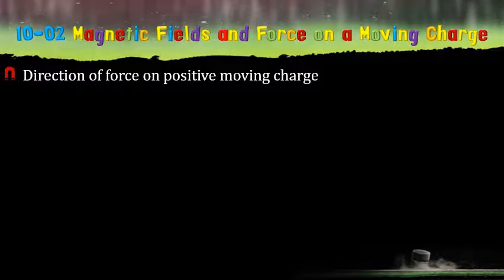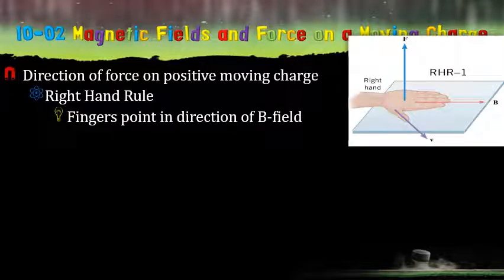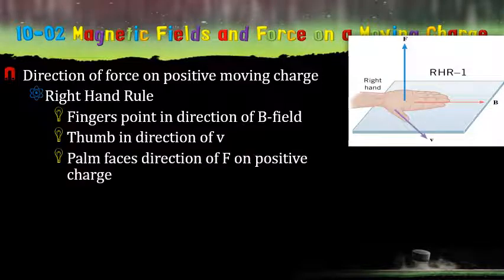The direction of force on a positive moving charge is found using what's known as the right-hand rule. It's the right-hand rule, meaning you have to use your right hand. The fingers always point in the direction of the magnetic field. The thumb points in the direction of the moving charge, and then your palm faces the direction of force on a positive charge.